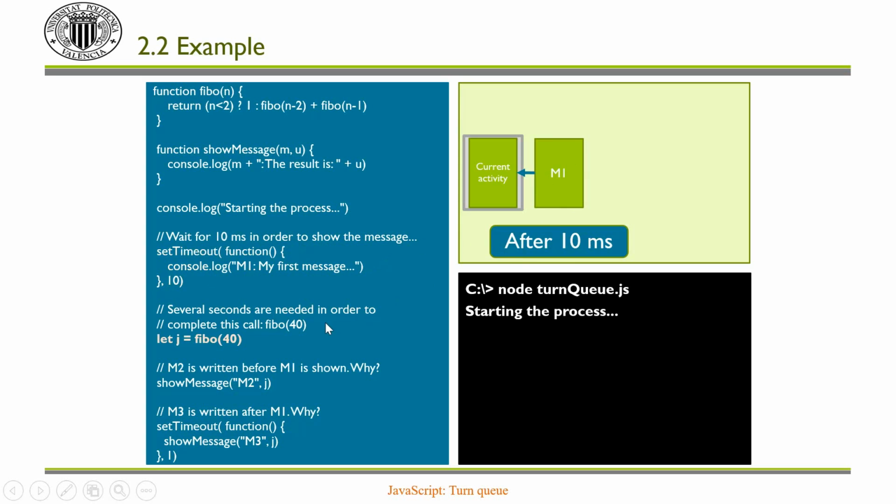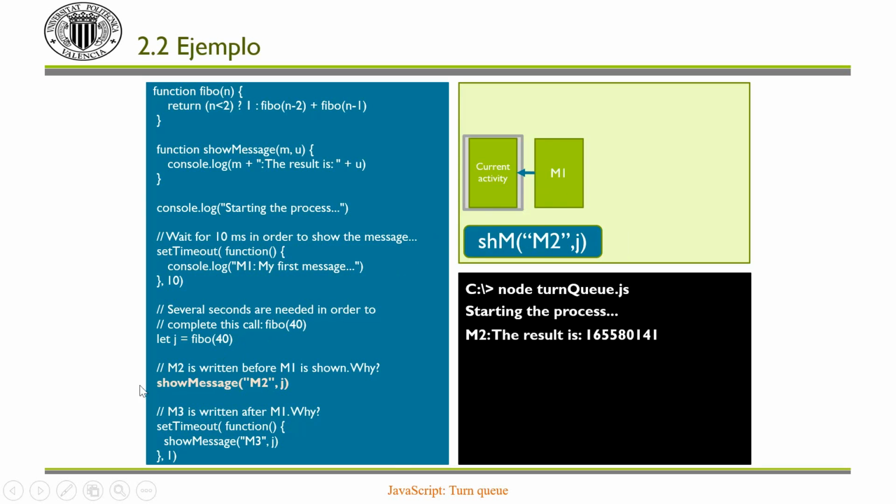Let's continue. The execution gets to this line, and it calls the Fibonacci function with an argument of 40. Well, this demands a long interval to be completed. So, in the interim, the M1 activity has been placed in the turn queue.